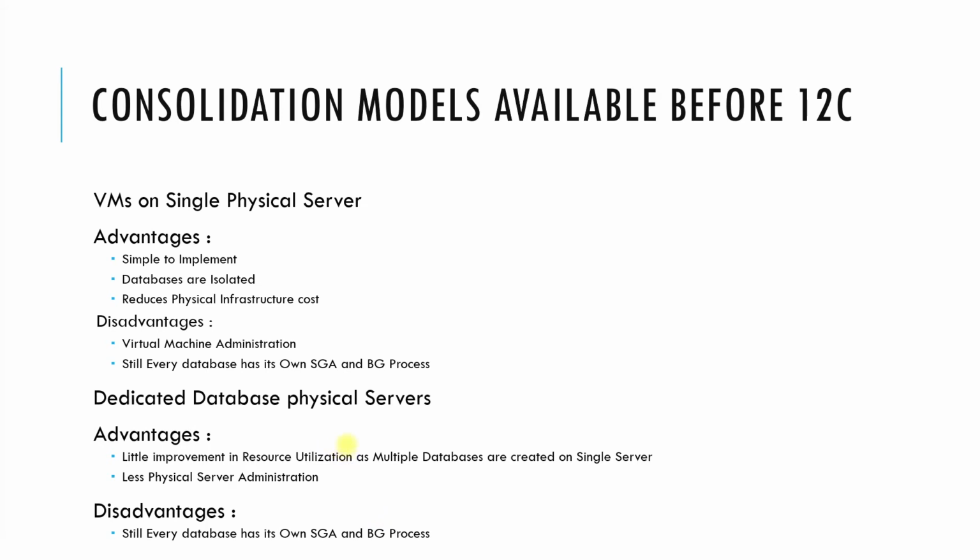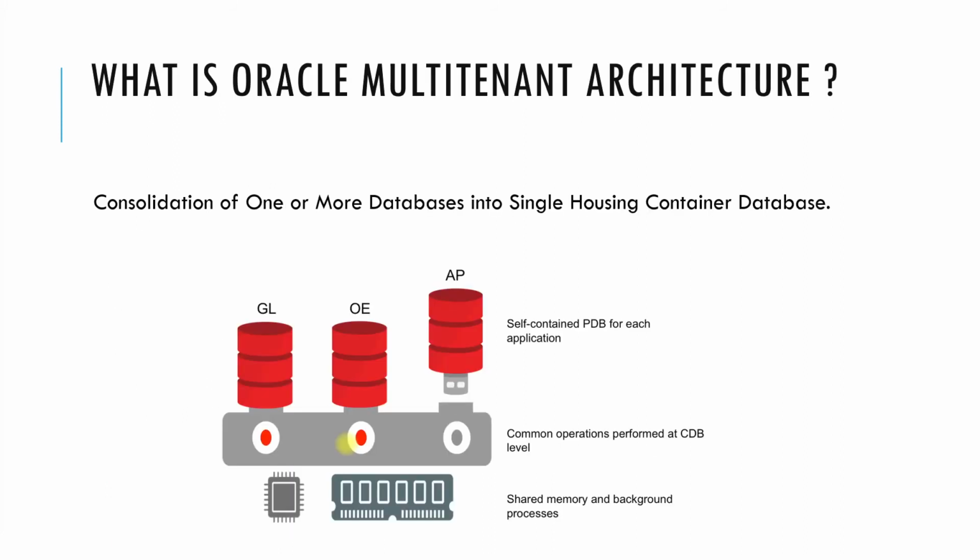So what can be done? This is the multi-tenant architecture which Oracle brought. We are currently talking about 12c, and nothing has changed as such. If I remember correctly, this is the major change in Oracle database architecture in a decade.